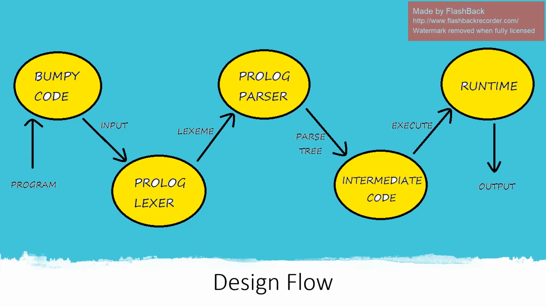It will give syntactic structure to the language. Then it will generate parse tree. The parse tree itself is an intermediate code as we are developing it in Prolog. Now the output of the parser, which is the intermediate code, will be input to an interpreter, that is our runtime, and it will execute and generate output.